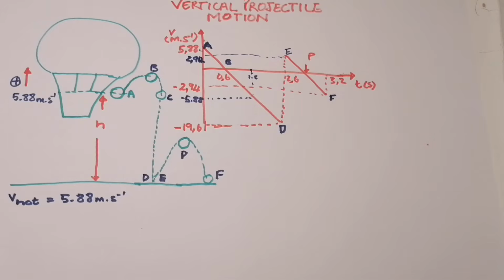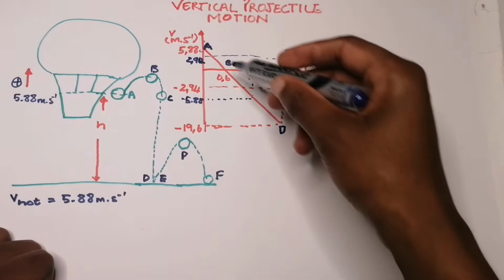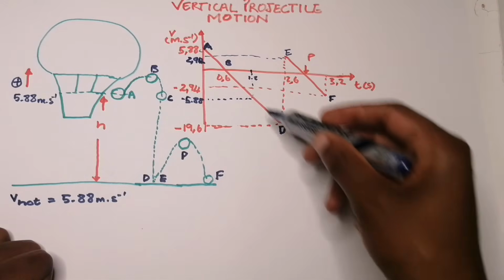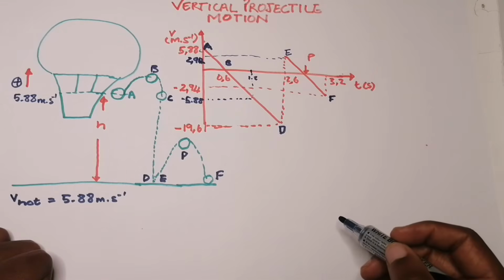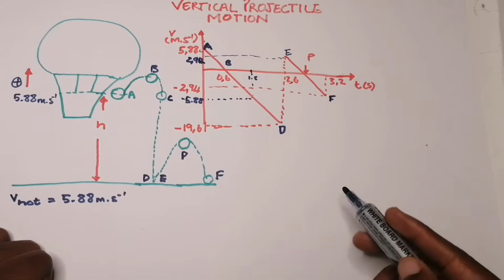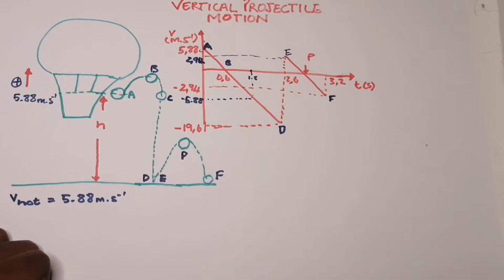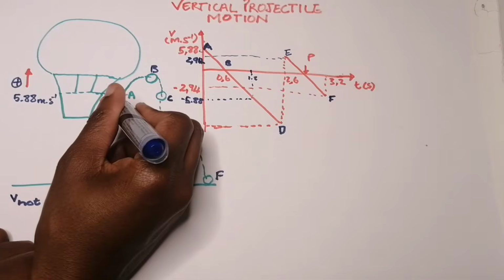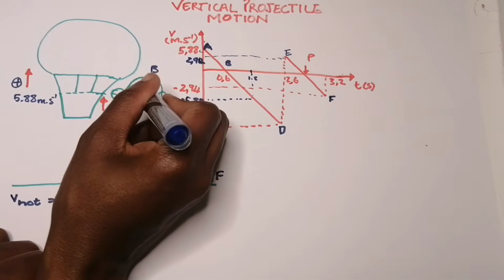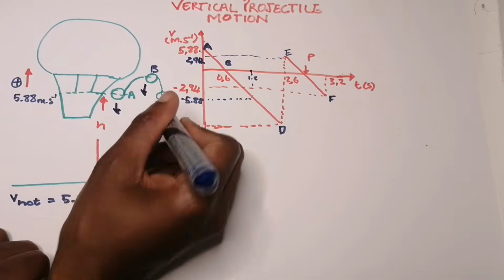Okay, so the next question. Before I get to the next question, just something else that we need to know about velocity time graphs. Remember, from our previous videos, I showed you how the gradient of a velocity time graph tells us about gravitational acceleration, right? So look at that gradient there. That gradient is negative, so it's telling us that they've taken up as positive. Remember, gravitational acceleration at any given point for this ball is always acting vertically downwards.